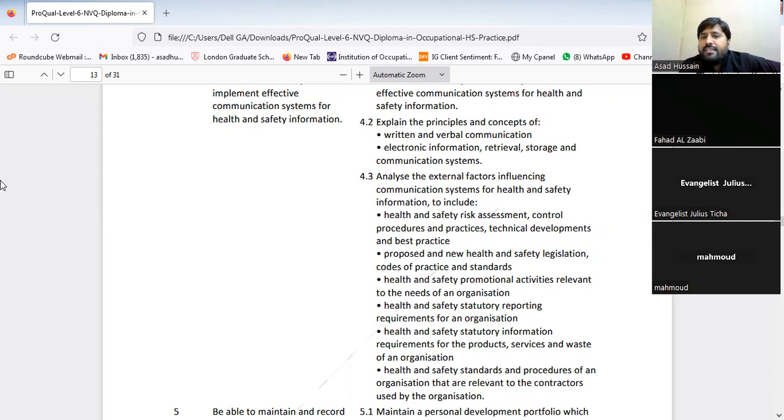So it is just what we have discussed in learning outcome 3 is discussed here. So it is asking basically that you have to consider the format that external factors may influence the health and safety communication systems for health and safety. So you have to explain all of these here, that how it can affect.